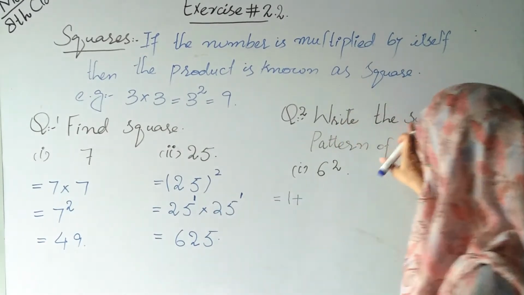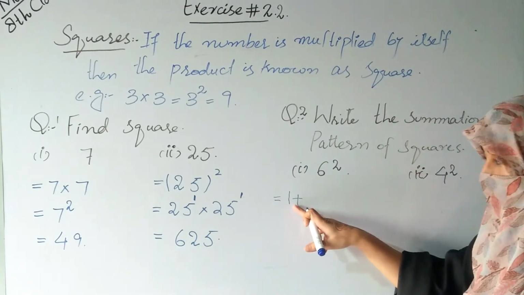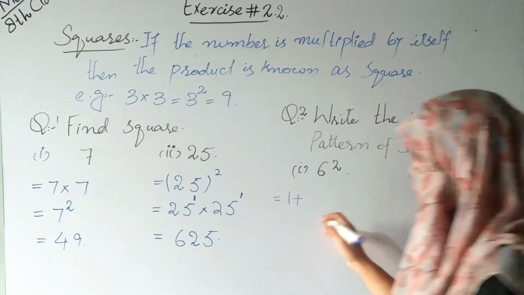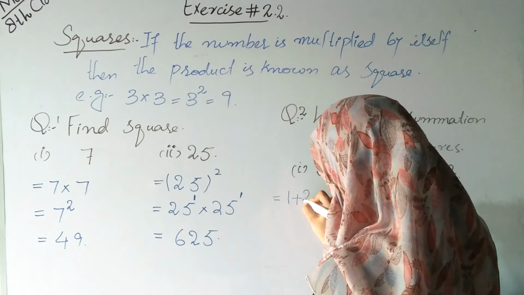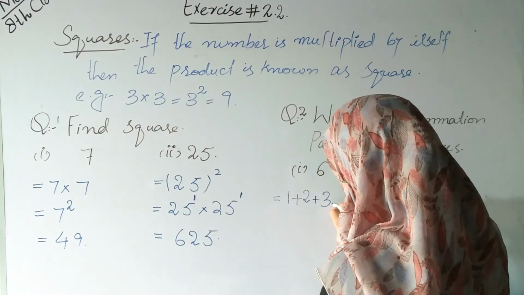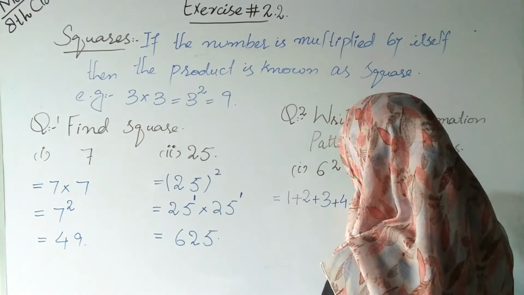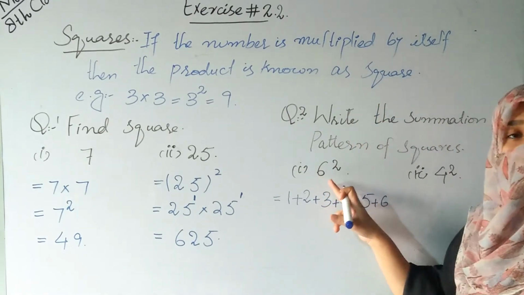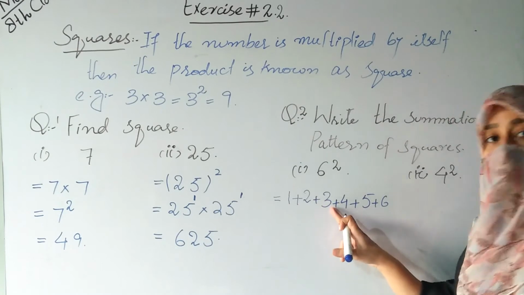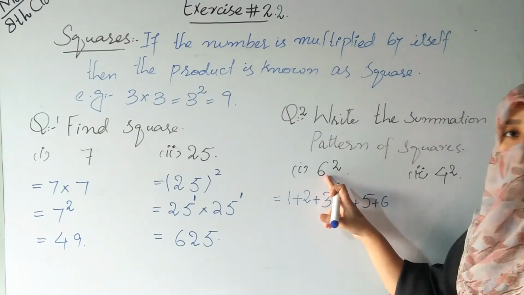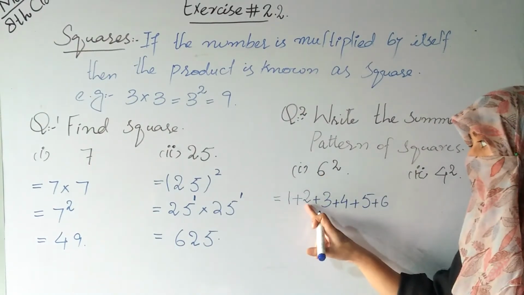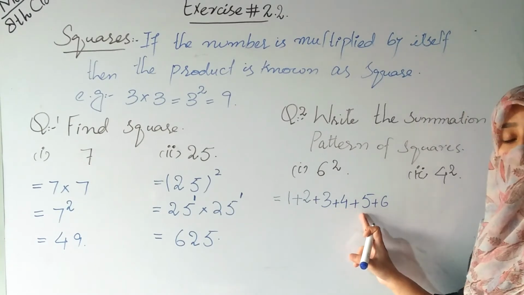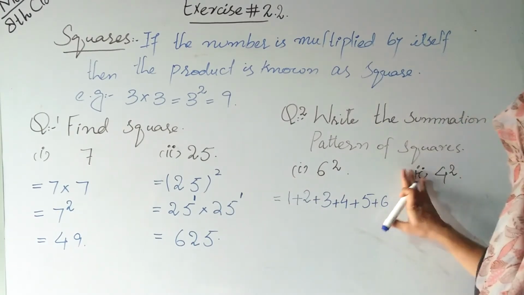Here it is a summation pattern, so that's why we put plus: 1 plus 2 plus 3 plus 4 plus 5 plus 6. If the number is 3, then 1, 2, 3.